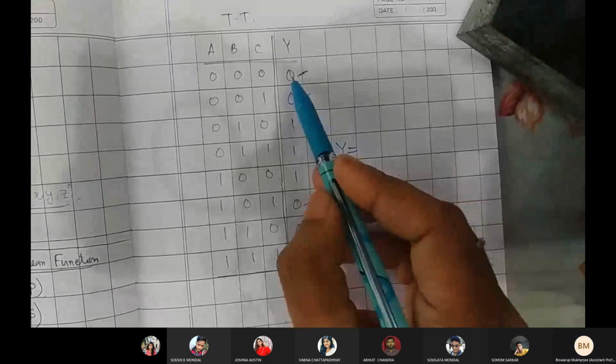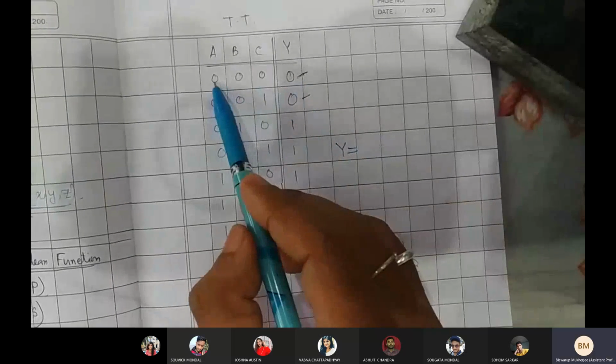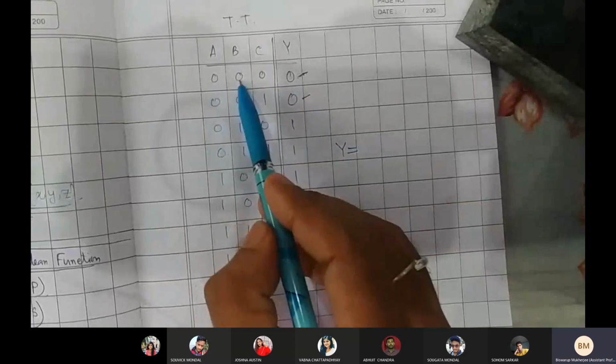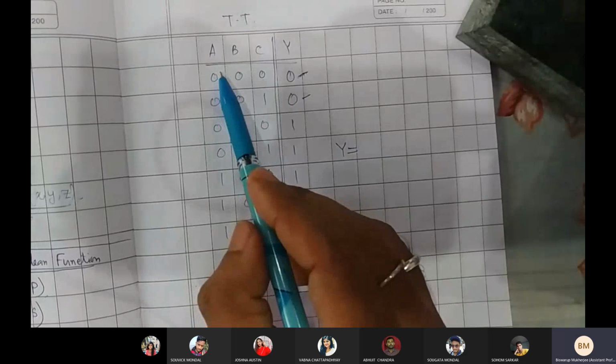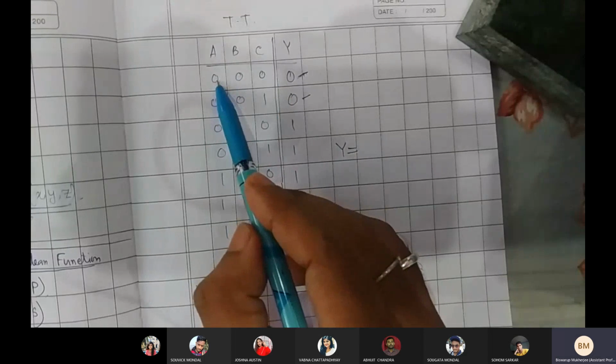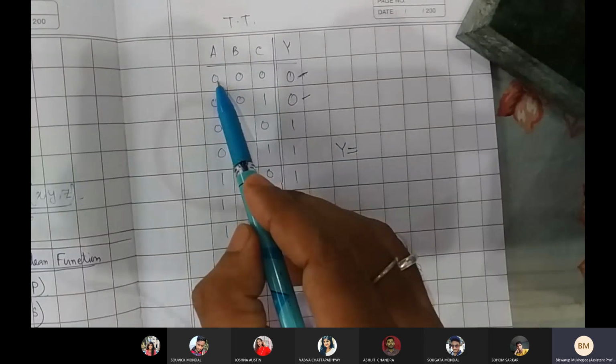So what is the value? A value is 0, B value is 0, as well as C value is 0. And make sure about this one too. In the earlier case, A value that time was denoted by A bar if it is 0.